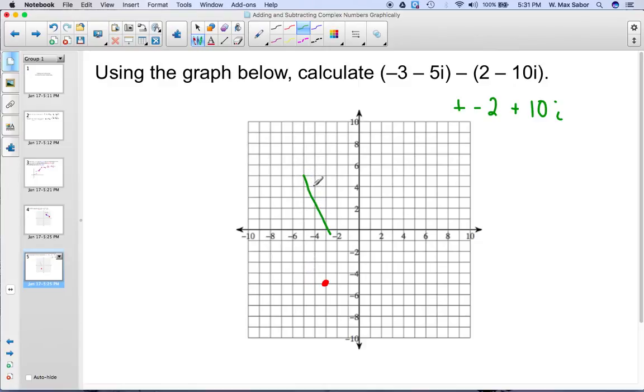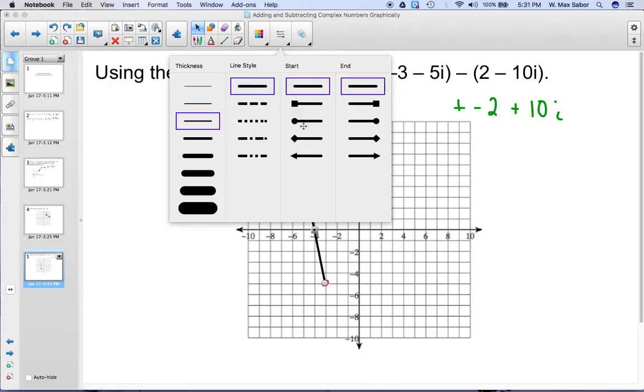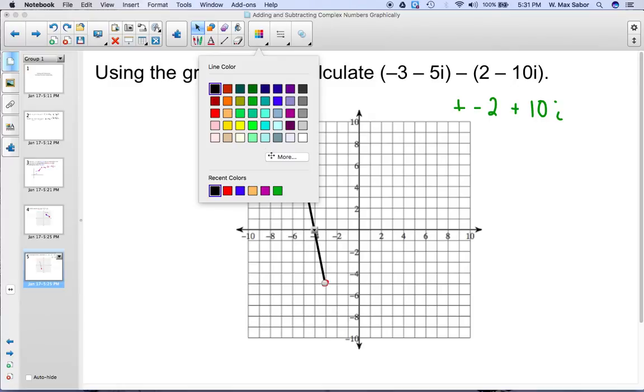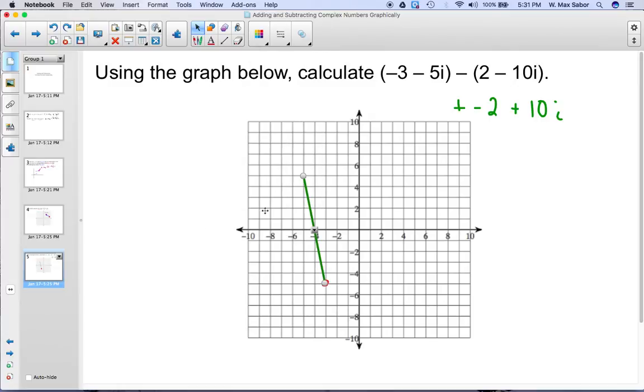So here is our vector. I went left 2 and up 10 and got here.